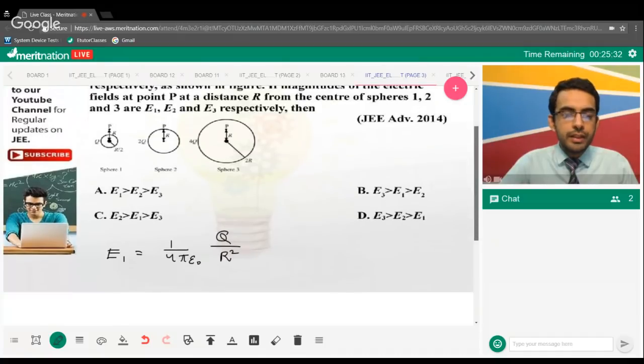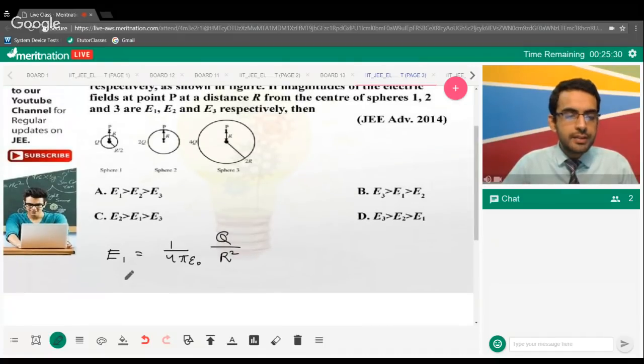Similarly, in E2, even at the surface, the same formula can be used. So E2 is equal to 1 by 4 pi epsilon naught into 2Q by capital R square, because the distance from center is capital R here.